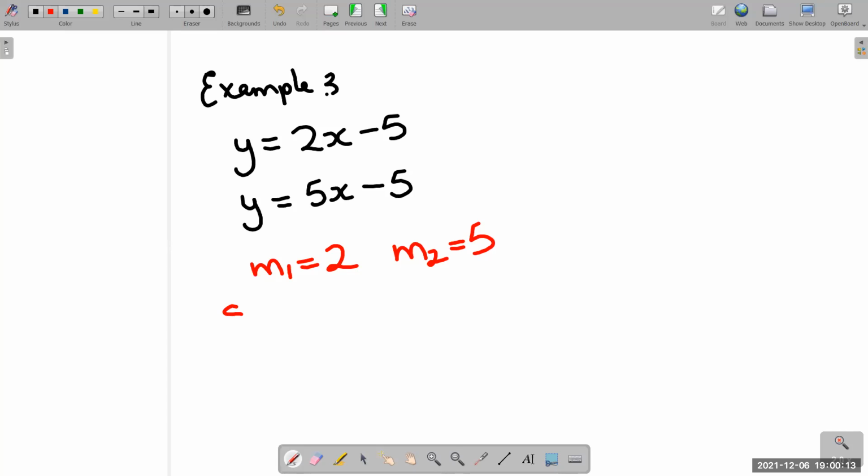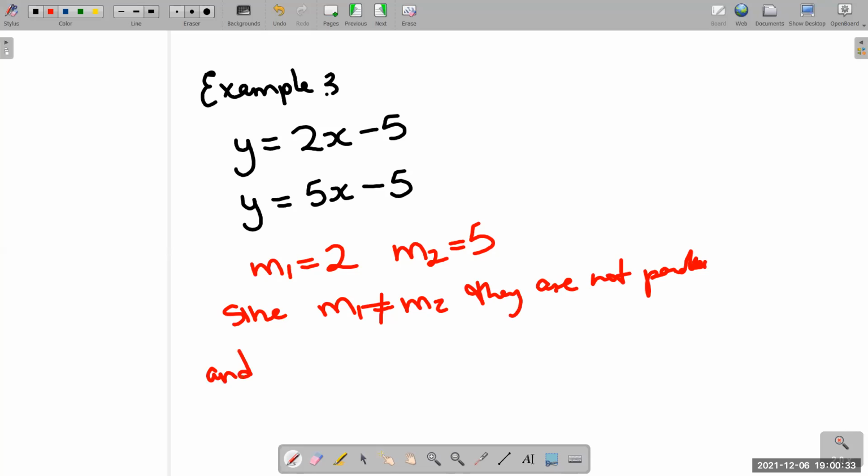We're going to say since, just like how you could say they're equal, you could also say that they're not equal. So you could say since M1 is not equal to M2, they are not parallel. Agreed? And you want to prove that they're not perpendicular, right?